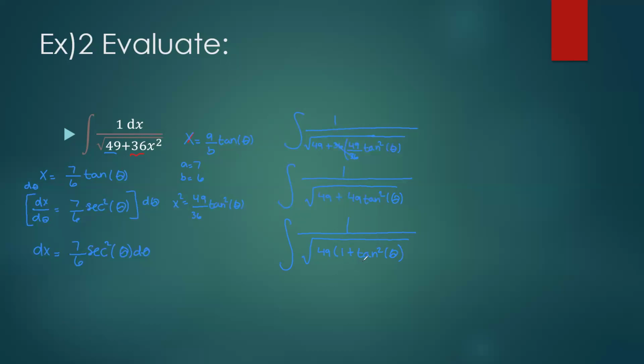What is 1 plus tan squared theta? That is one of your trig identities. Your Pythagorean identity is 1 plus tan squared theta equals secant squared theta.